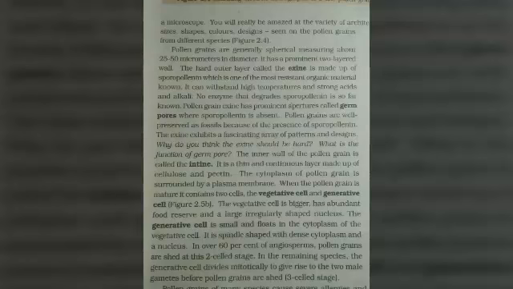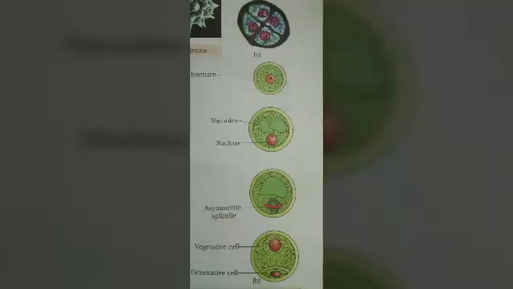So what is the pollen grain? Uses of pollen grain: pollen grain contains the male gamete, and it also helps to produce various substances, like chemical substances or some nourishment substances, which are formed by the pollen grain.